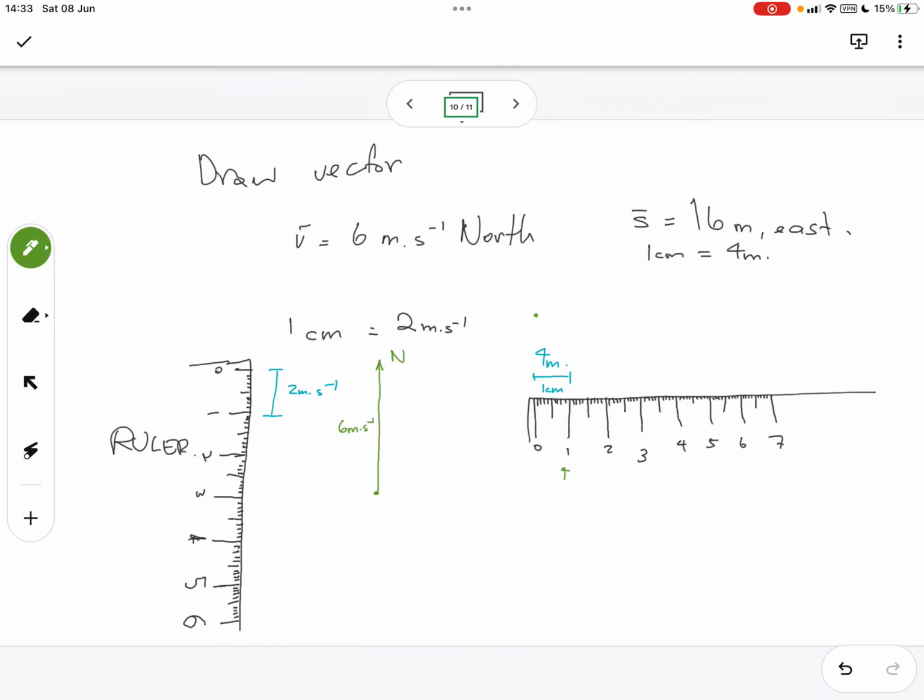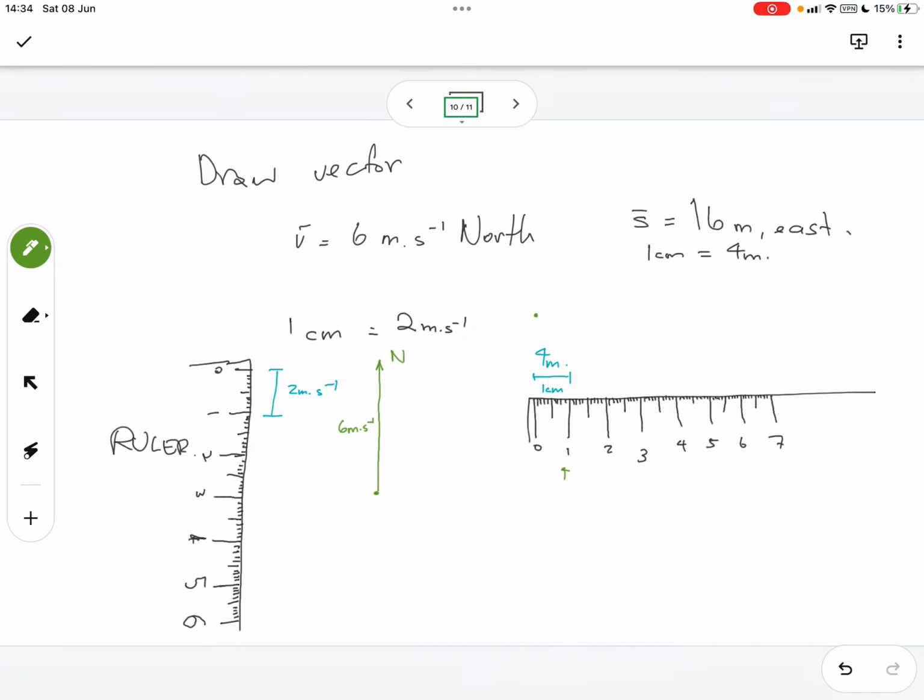If we have a scale of 1 centimeter to 4 meters, how far on a ruler must we count to get to 16 meters? If that's 4 meters, how much do we count?